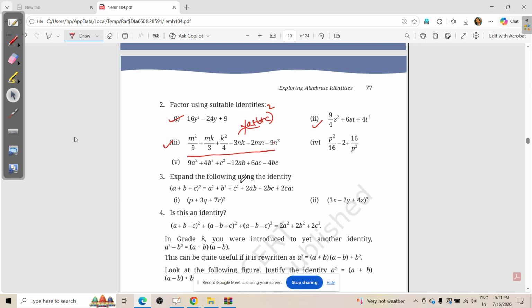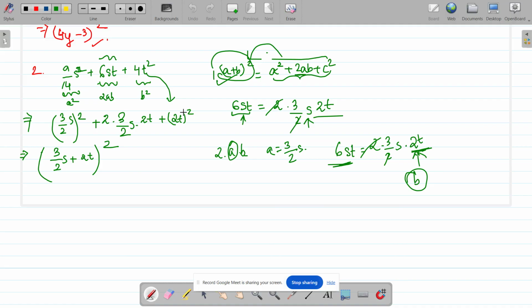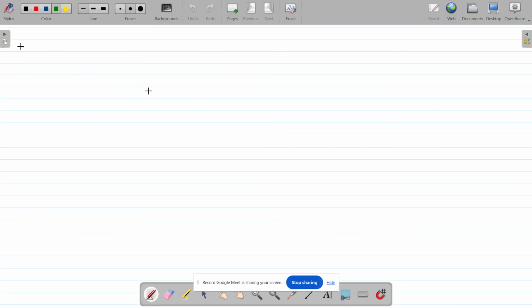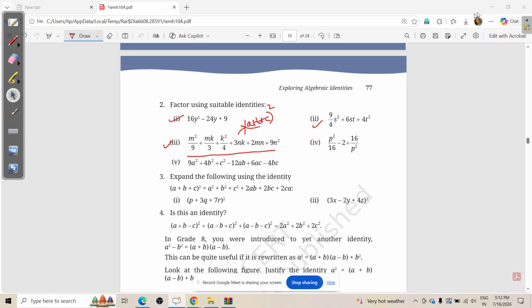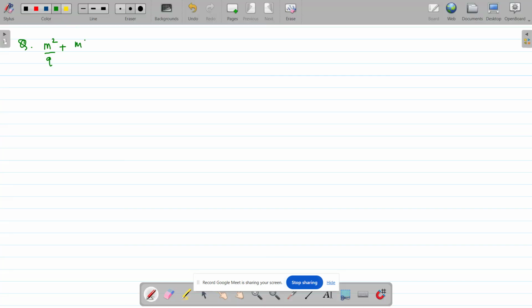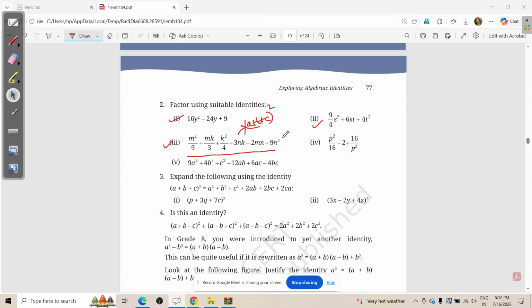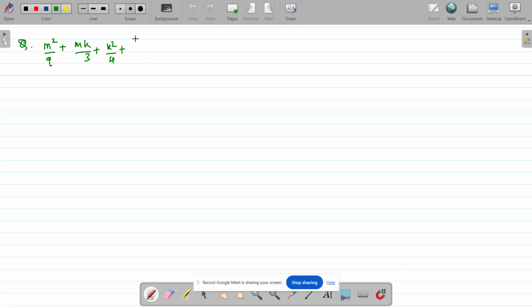m square by 9. Let's write here. m square by 9 plus mk upon 3 plus k square by 4 plus 3nk plus 2mn plus 9n square.